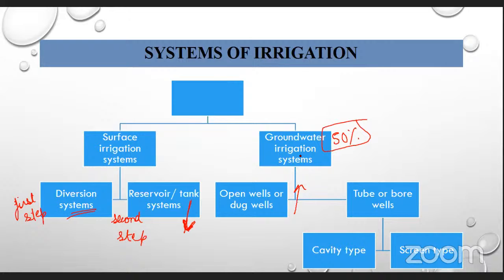increased in India. Okay, since adequate availability of groundwater is there in states like Uttar Pradesh, Punjab, Bihar, and Haryana. These are the states where there is adequate availability of groundwater.